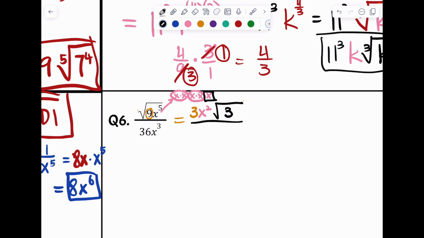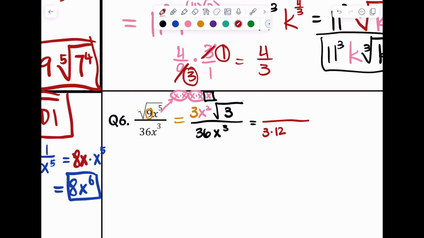Okay, then I have 36x to the third power. And I still have some people who are having trouble with breaking these down. So I'm going to break 36 down to the factors using 3 because I have a 3 in the numerator. I can simplify with 3 that are factors of 36. So 3 times 12 is equivalent to 36. So there's the 2 factors.